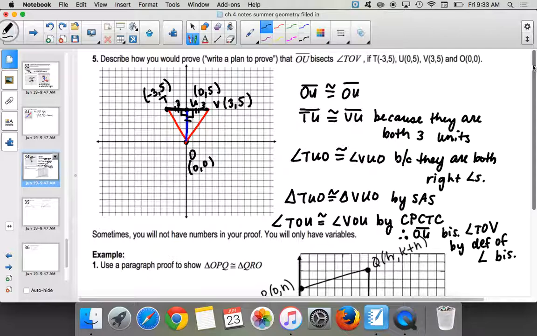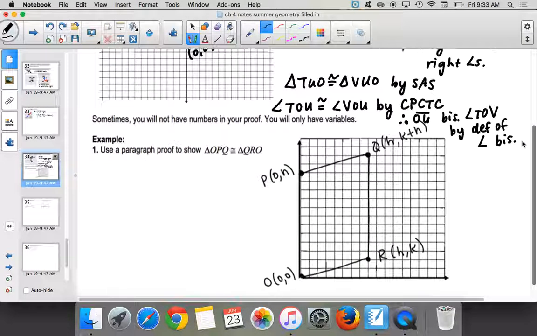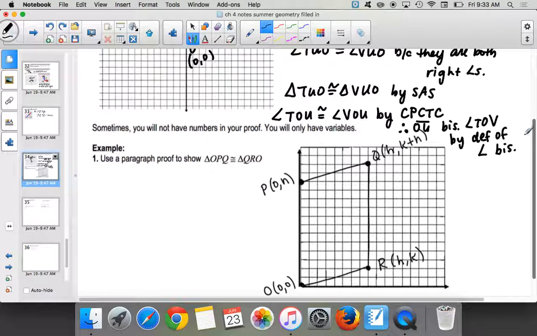All right, so next one. So it says, use a paragraph proof to show that triangle OPQ, so let's draw on this little line here. OPQ is congruent to triangle QRO. So we want to prove those 2 triangles are congruent to each other. So again, you could do the easy one first.